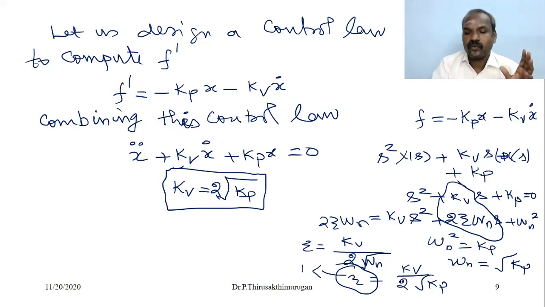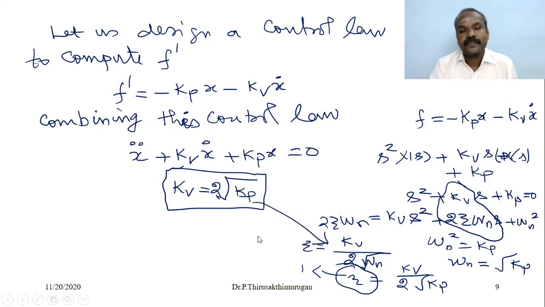So when zeta equals 1, what is Kv? We get the relation Kv equals 2 root Kp. This must hold for critical damping. This is the partitioned control used to control the system in the previous diagram, right? Understand or not?